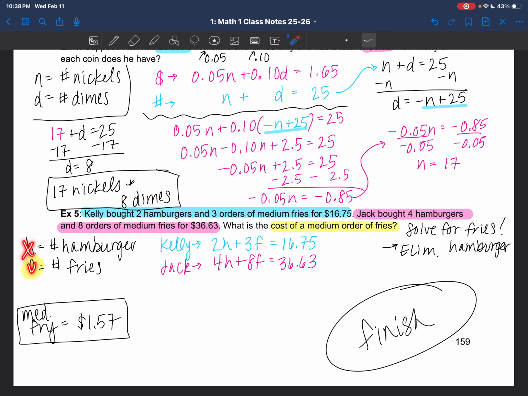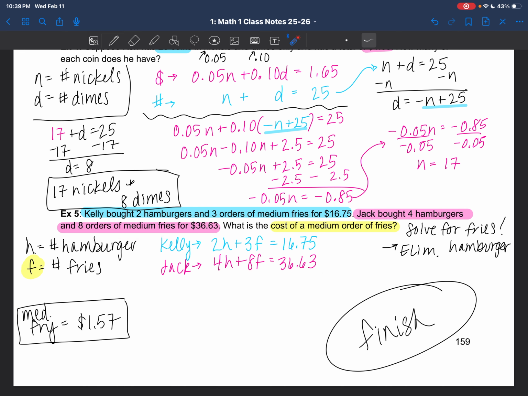Again, you could make this X and Y. It'll be the same. So I did one equation for Kelly, and then I did one equation for Jack. And Jack got 4 hamburgers, 8 fries for $36.63.